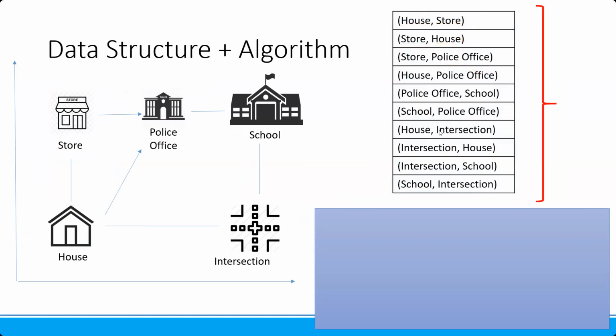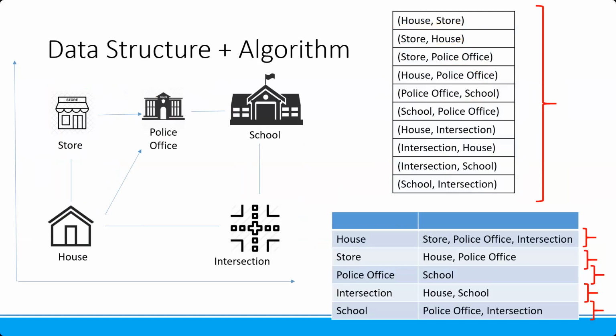How about if I use the second data structure? In the second data structure, I want to go from house and then I can select which one is the best node, from house to store, or from house to police office, or from house to intersection.